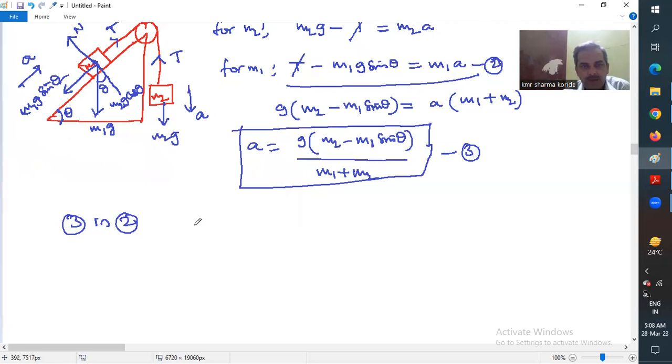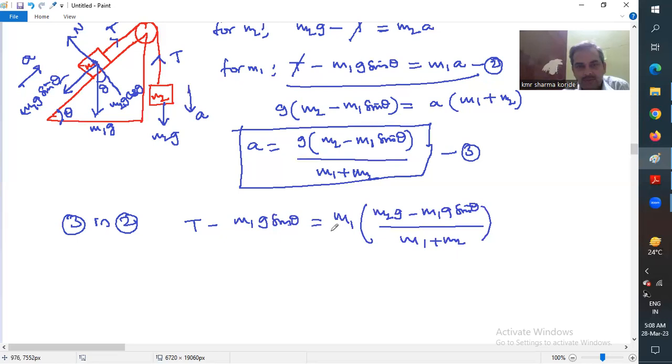So T minus m1g sin theta is equal to, so this acceleration is multiplied to this quantity m1, so let us write this: m1 of (m2g minus m1g sin theta) whole divided by m1 plus m2.